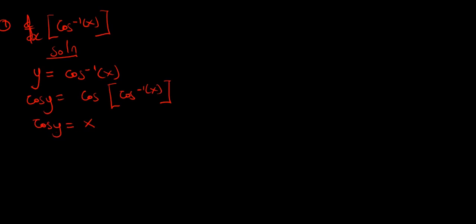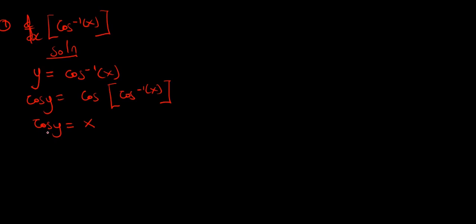So now we do not have any cosine inverse in the question. We only have cos, which we know how to differentiate. But mind you, y has not been expressed in terms of x. That means this is an implicit equation, so you have to use implicit differentiation.